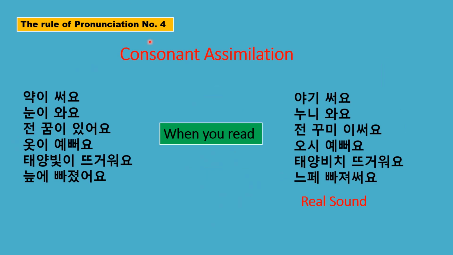And rule of pronunciation number 4 is consonant assimilation. Consonant assimilation. Right, for example, these sentences are written form.